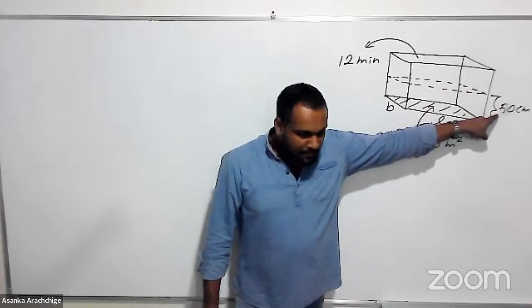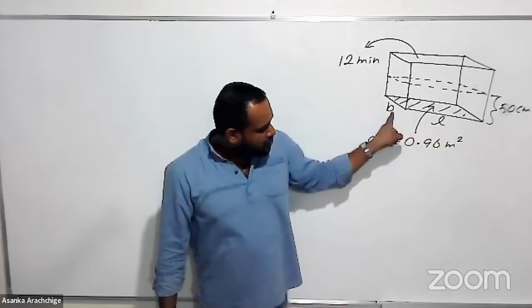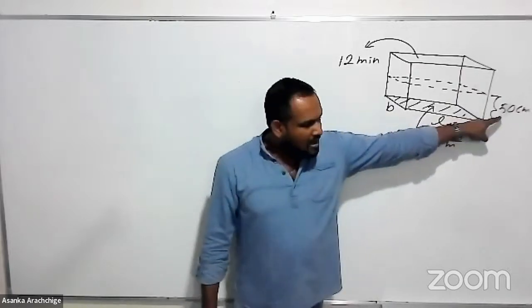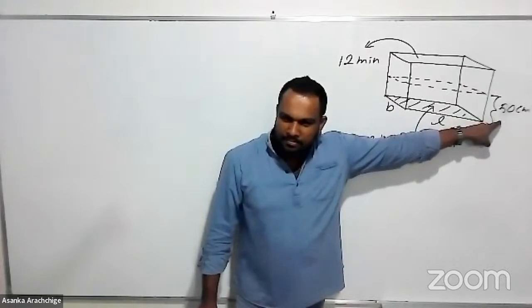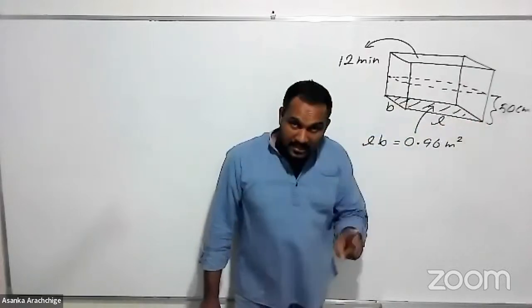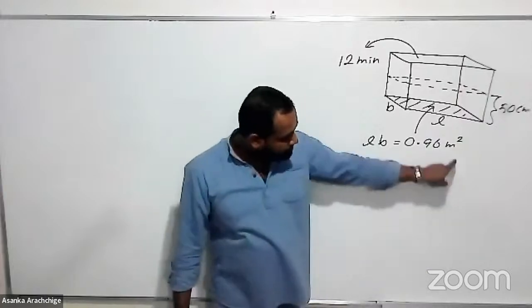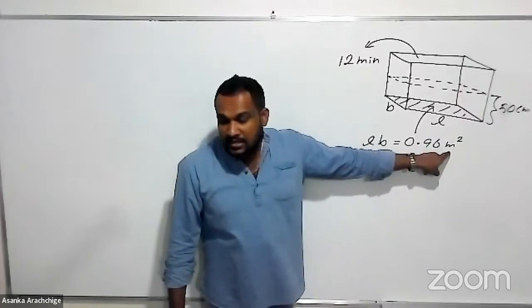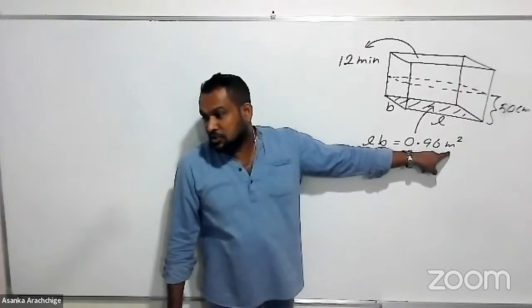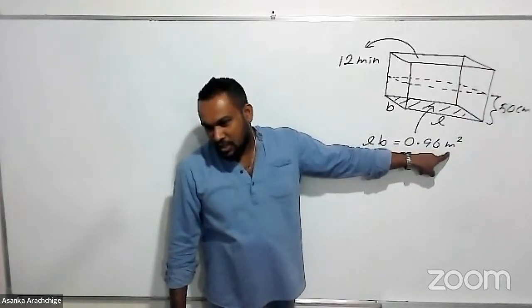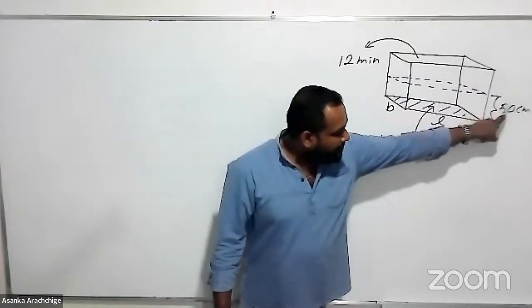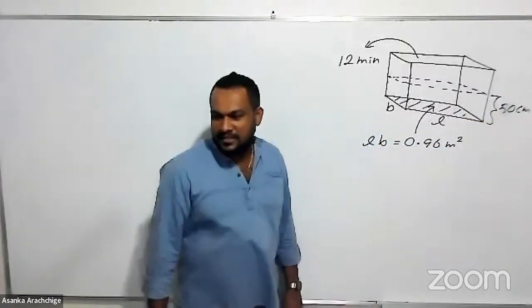Therefore, these two are in meters, but this is in centimeters. Are they matching? They do not match. Therefore, either you have to convert the square meters into square centimeters, or you have to convert 50 centimeters into meters.